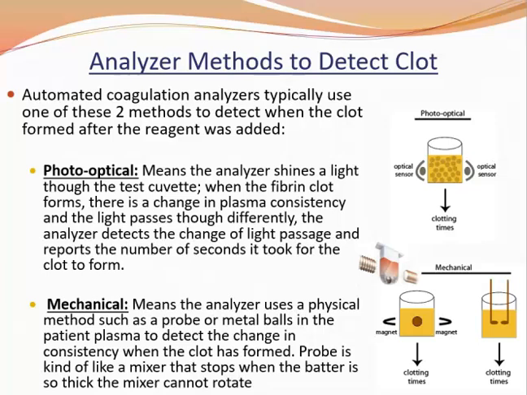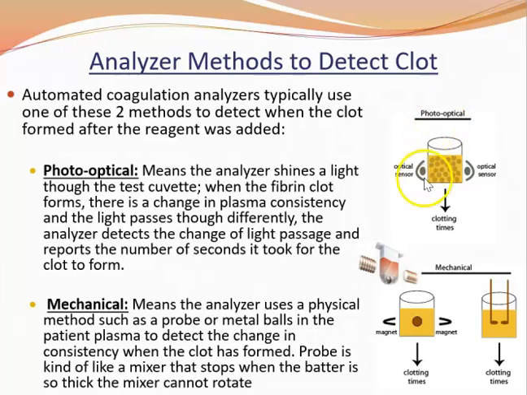And when the fibrin clot forms, because there's a consistency change of the plasma, the light is going to shine through differently, and that's going to trigger the machine that, hey, there is a clot being formed.